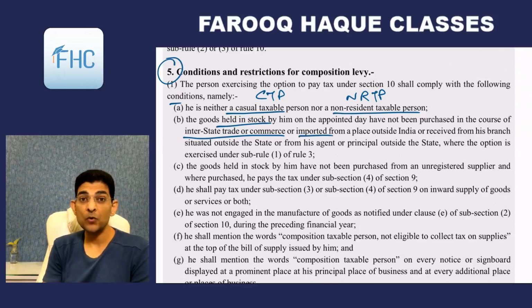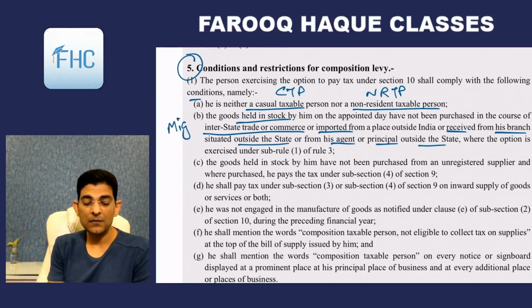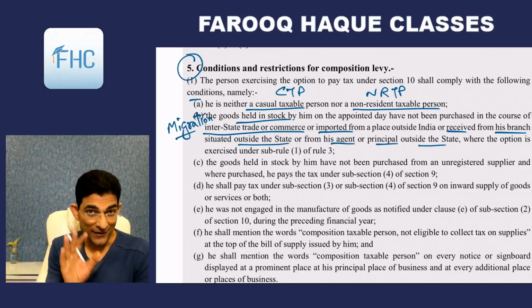You should not use any imported goods, or received from his branch situated outside the state, or from his agent or principal outside the state, where the option is exercised under sub-rule 1 of rule 3. This is the case of migrated people, and that migration has now ended. It was applicable in 2017, so now it is of no use. So clause B you can forget.